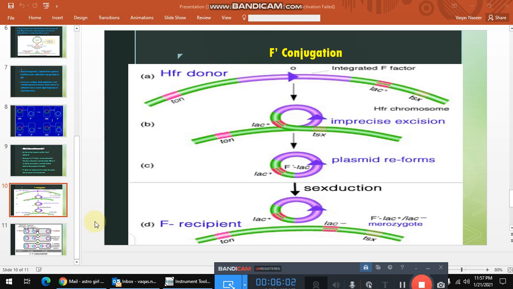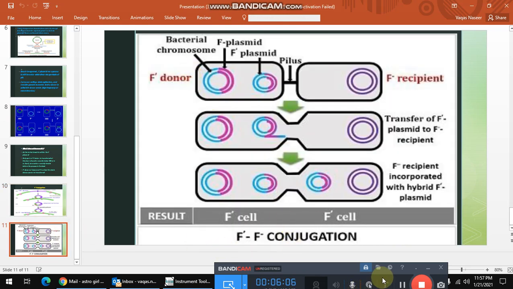Let's understand in the next diagram. You can see here the bacterial chromosome as well as the fertility factor with the integrated bacterial chromosome markers, and now it starts mating with the F minus recipient cell.